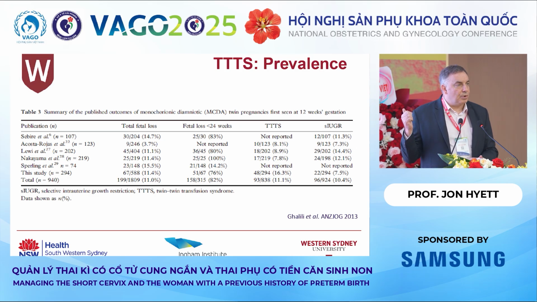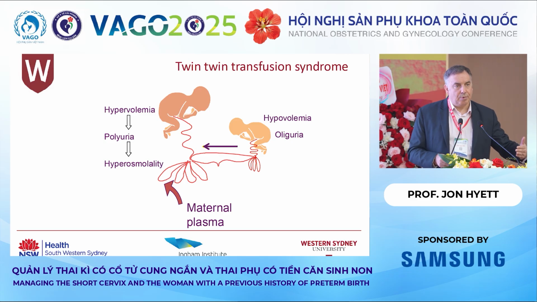The other thing I wanted to point out to you is that we have a 10% rate where, despite having surveillance every 2 weeks, we have scanned women and found that one or the other baby has died at the time of the scan, despite apparent progress up to that point.